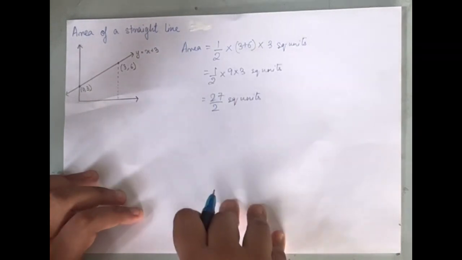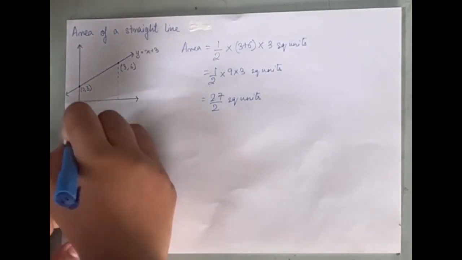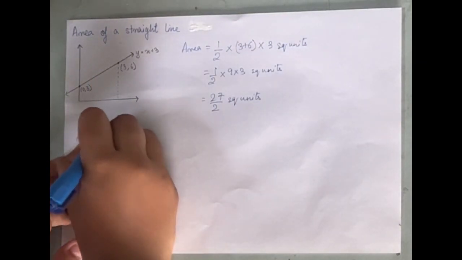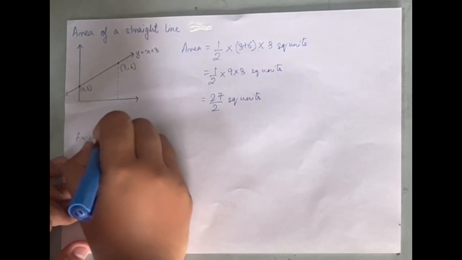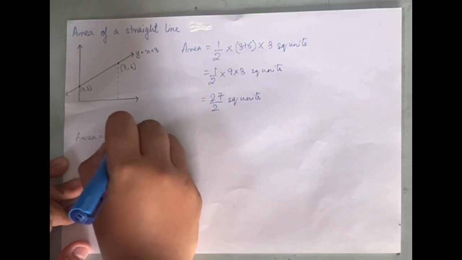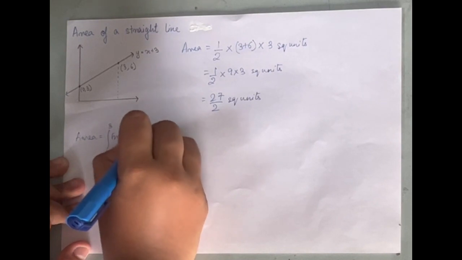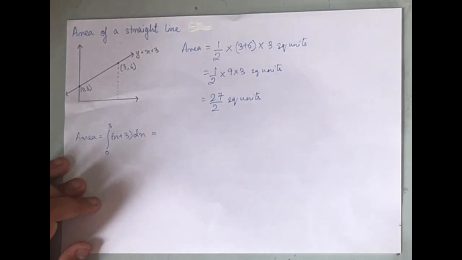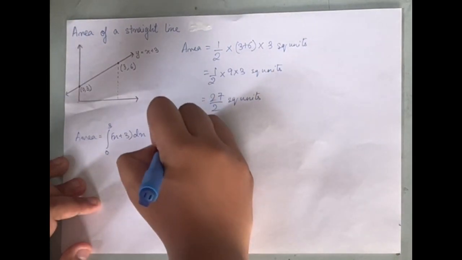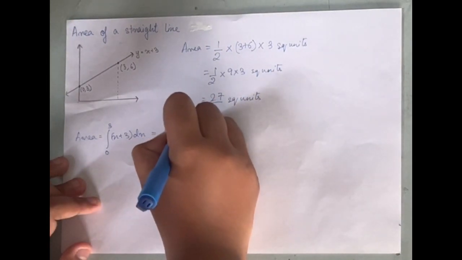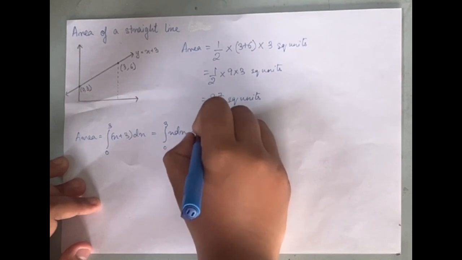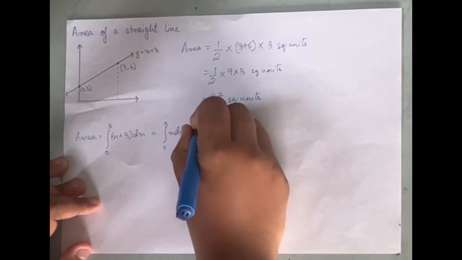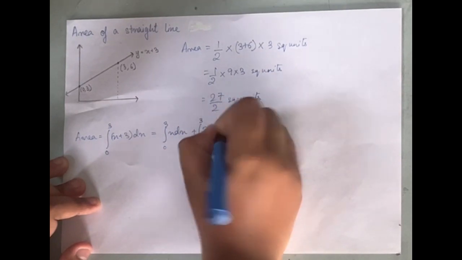Now I will use integration. Area is equal to the integration from 0 to 3 of x plus 3 dx. x can be considered as a separate function and 3 can be considered as a separate function. So we will use the second property: 0 to 3 x dx plus 3 times the integration 0 to 3 dx.